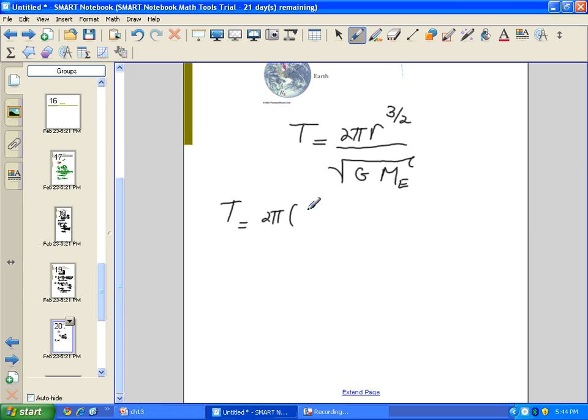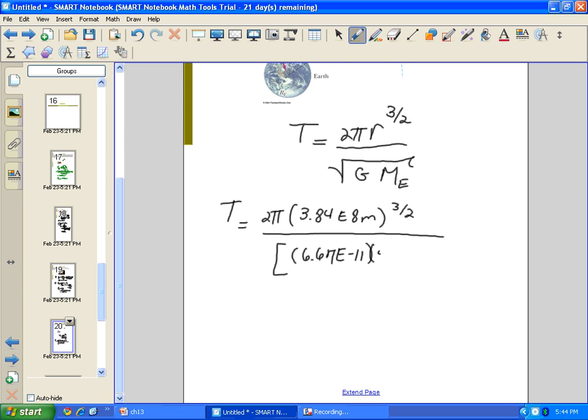2 pi, center to center distance 3.84 e to the 8 meters. Take that to the 3/2, and be careful when you enter this in your calculator because you're going to have to use a lot of parentheses. 6.67 e to the minus 11 times 5.98 e to the 24.